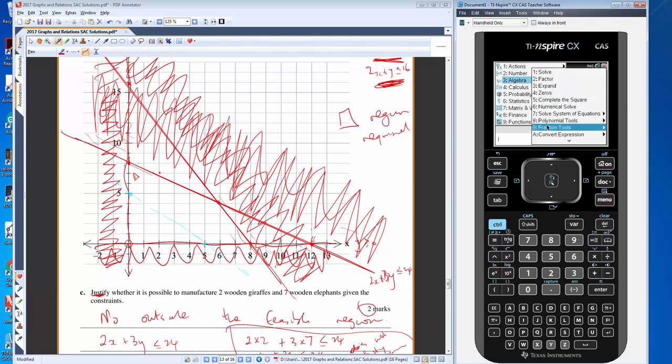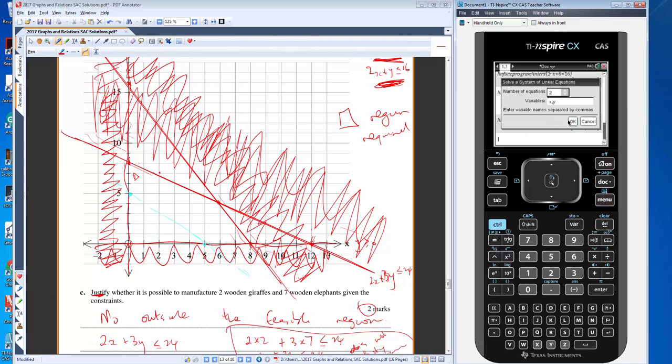Algebra, system. So we've got 2x plus 3y equals 24, and 2x plus y equals, what was it, 16, and it was 6, 4.